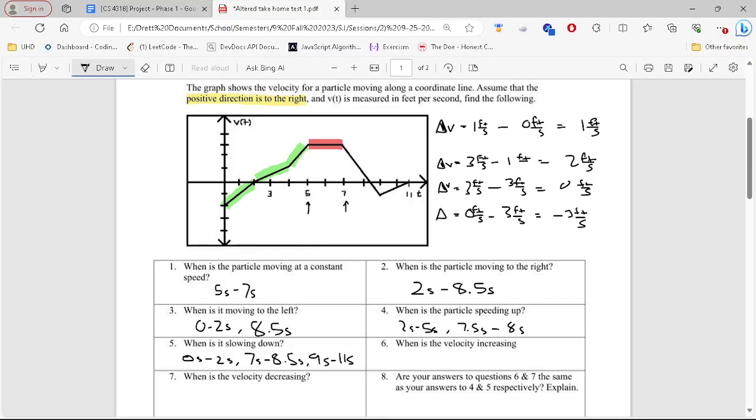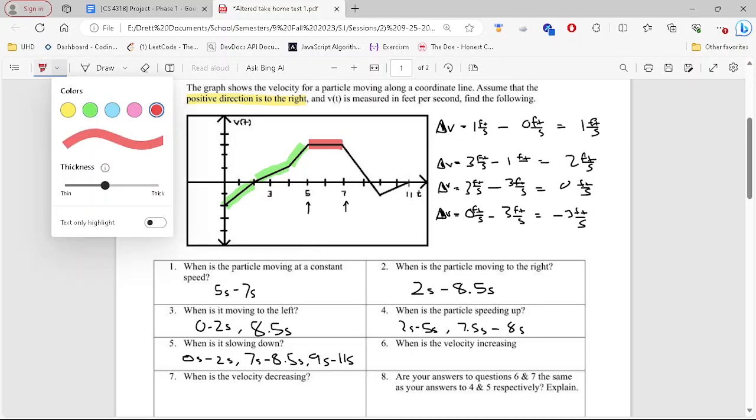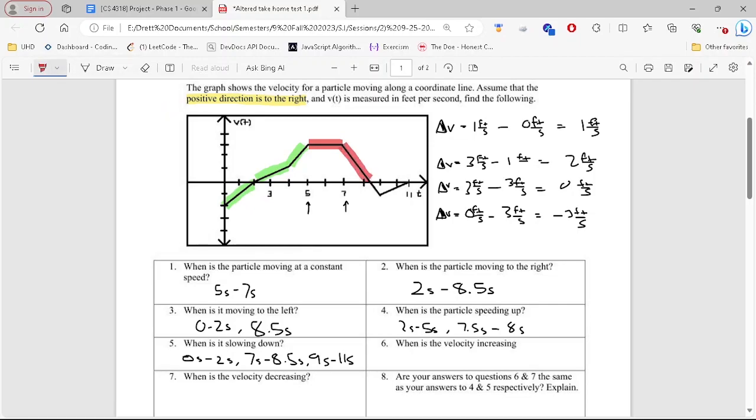The change in velocity here is negative, so what does that mean? That means the velocity is decreasing at this point. So this would not qualify. The velocity is not increasing, it is doing the exact opposite here.